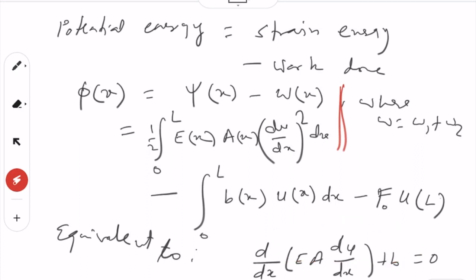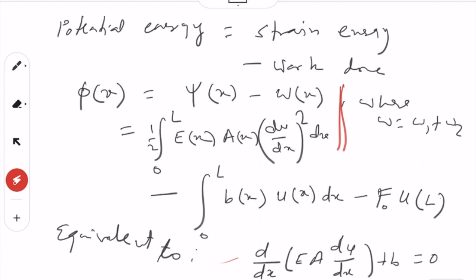But if you compare, what you see here is that in this energy based equation you have just a single derivative of u, but squared. In the strong form we have the double derivative of u. Hence the potential energy is already in the form that it can take a linear solution, but the strong form cannot, and hence you have to transform it into the weak form.